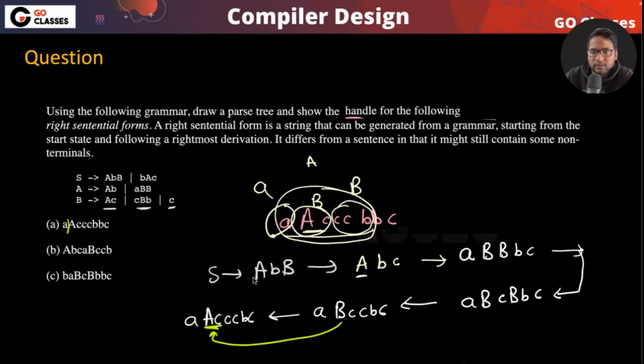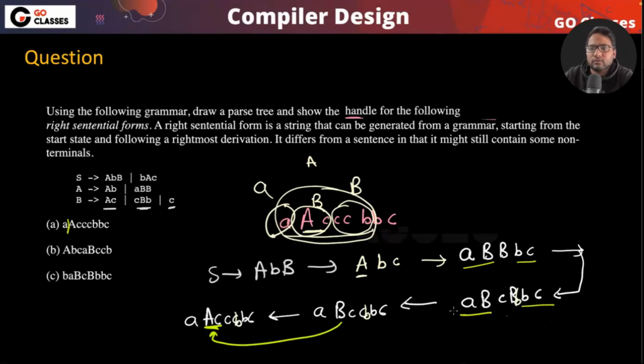In the fourth production, 1, 2, 3, 4, two B's each will come. So this is AB. This BC is fine, AB is fine. This B is going to CB, so that will be one more B. Yes, I agree. Again, I forgot to write it, but that's fine.